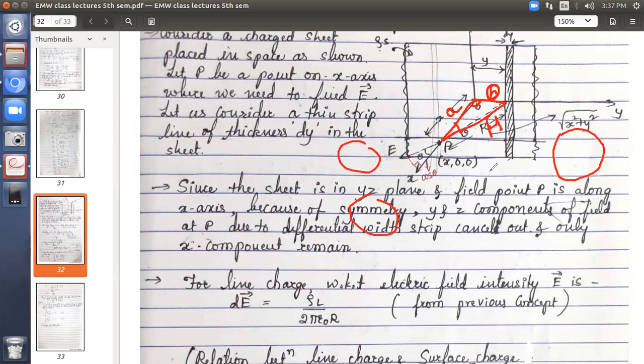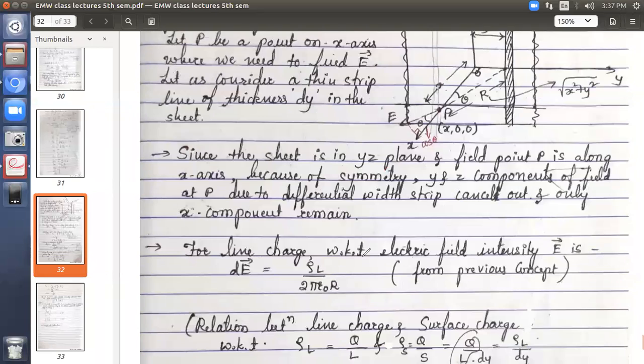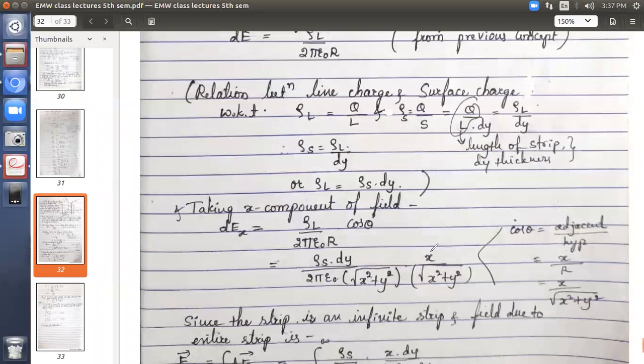So cos theta is equal to adjacent by hypotenuse. Adjacent is x, hypotenuse is capital R, right? So x by R, which is equal to x by square root of x square plus y square. Pythagoras theorem.